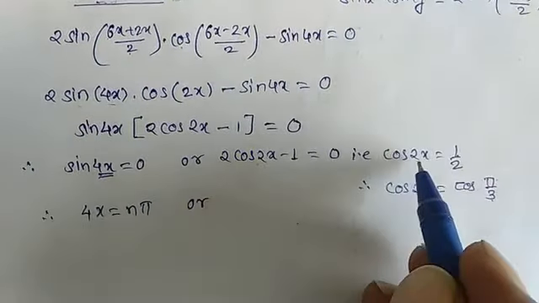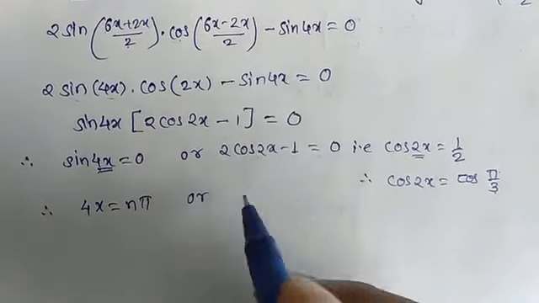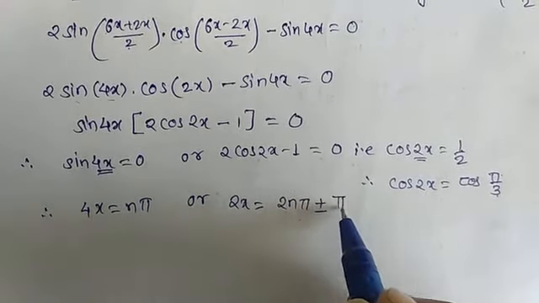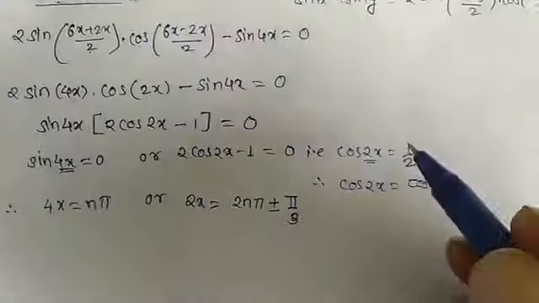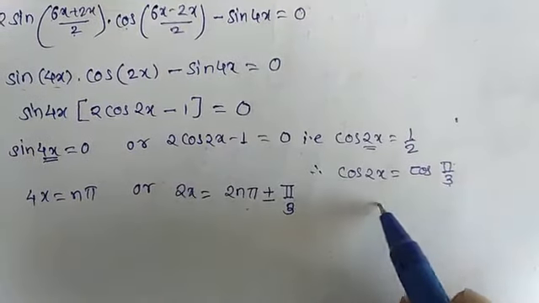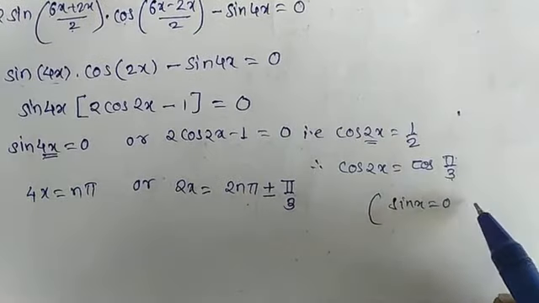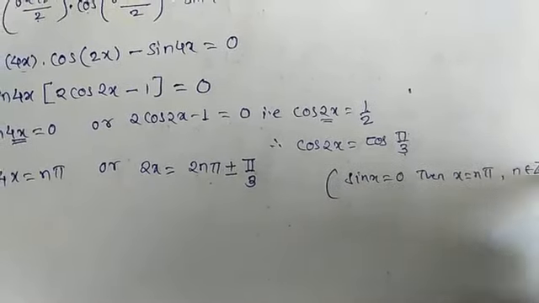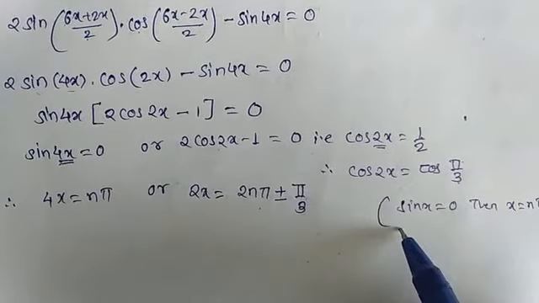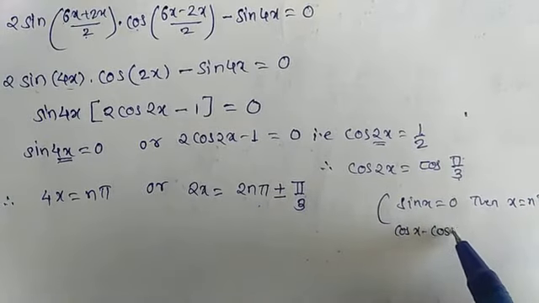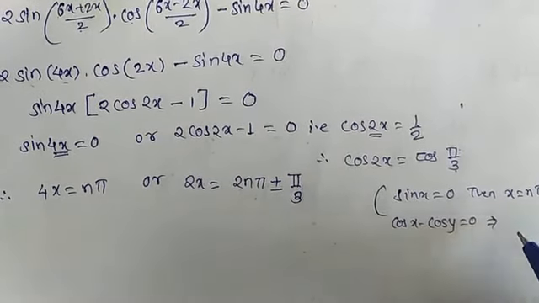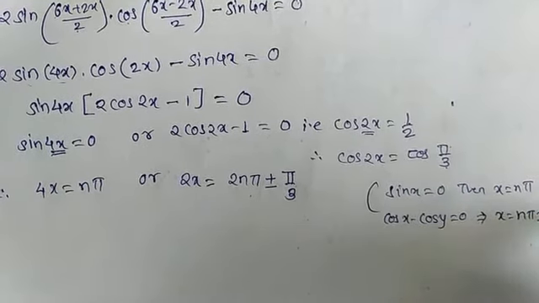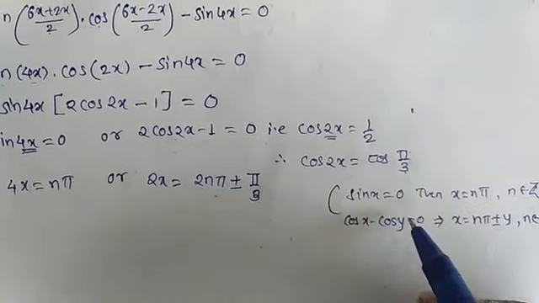So here it can be written as 2x is equal to 2n pi plus or minus pi by 3. Here we have used the formulas: sin x is equal to 0, then x is equal to n pi for n belongs to Z. And cos x minus cos y equal to 0, which implies that x is equal to n pi plus or minus y, where n belongs to Z. So we have used these two formulae.